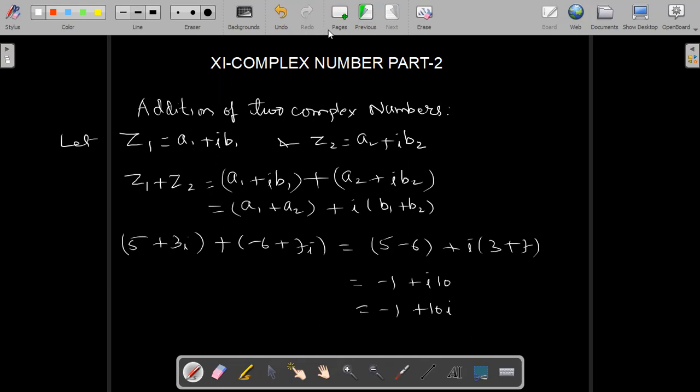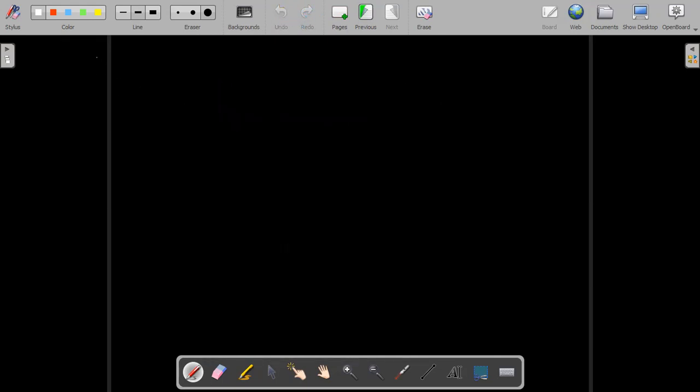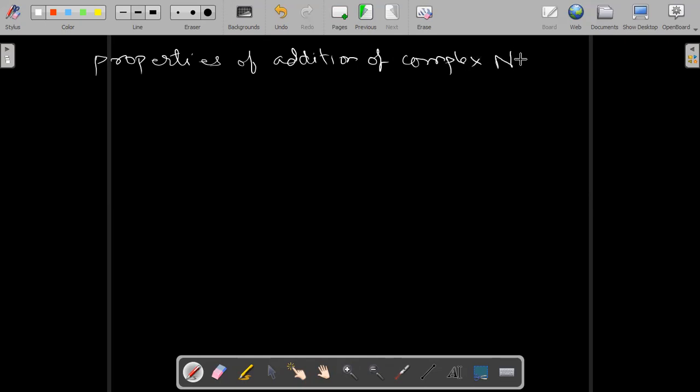But we should know the properties of addition. Which are the properties followed by the complex numbers? Properties of addition of complex numbers.